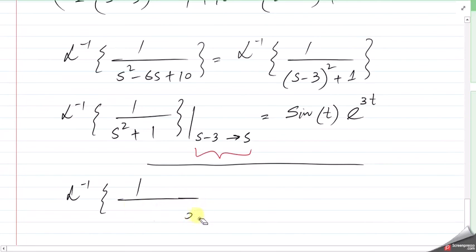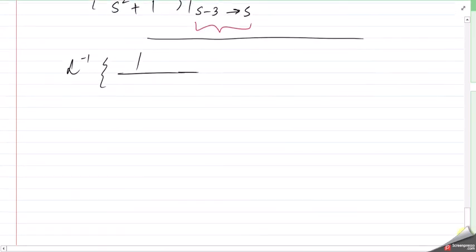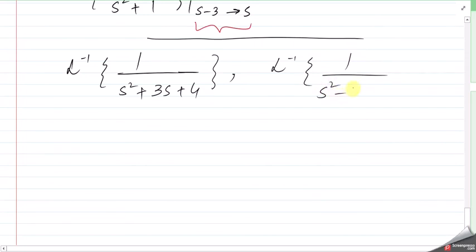I'll write an example which is easier to understand: 1 over s square plus 3s plus 4, or Laplace inverse of 1 over s square minus 6s plus 13. So these are s square plus as plus b, or as square plus bs plus c, quadratic form with this s term. So that tells us that we have to do completing the square.